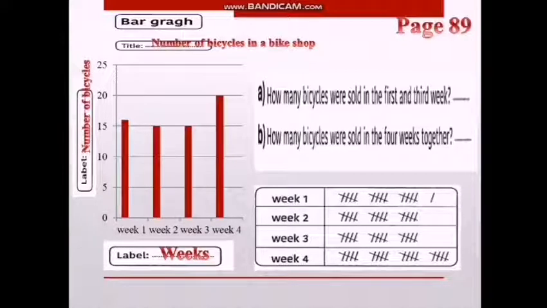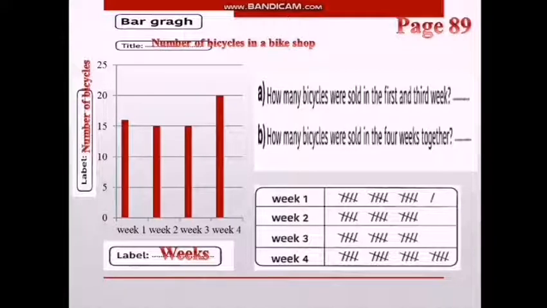Then week 2 is 15, so I will color the bar until I reach 15. Week 3 is 15 also, so I will color it until I reach 15. Week 4 is 20, so I will color this bar until I reach 20.